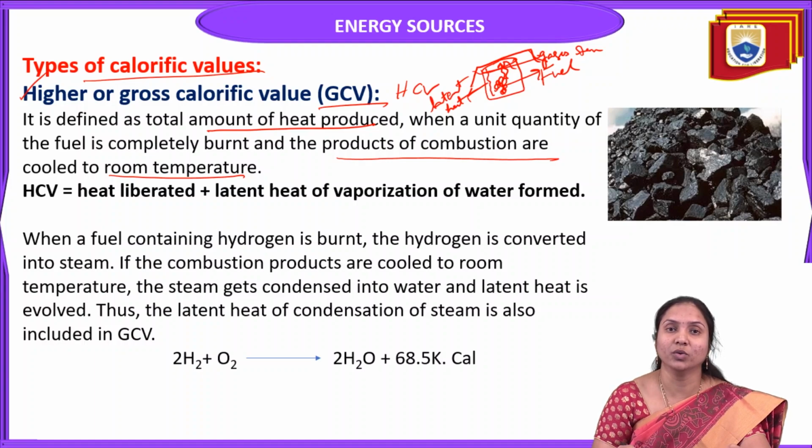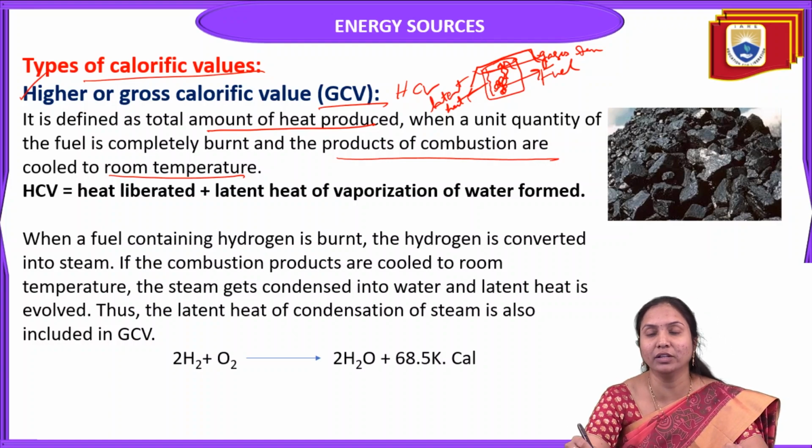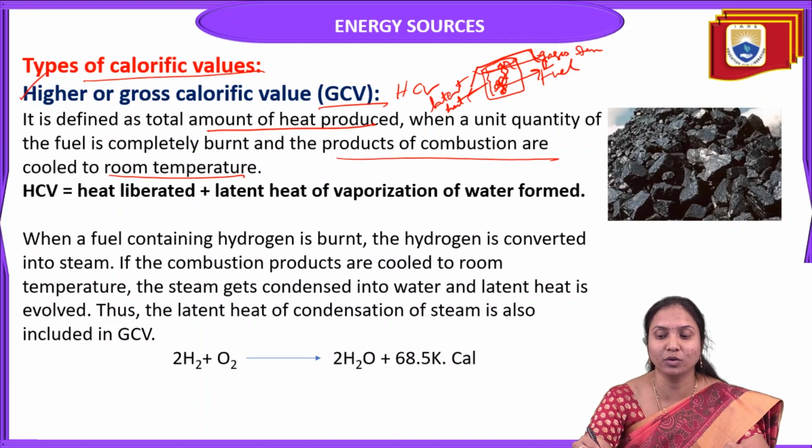So what is the meaning of gross calorific value? It is defined as the total amount of heat liberated when a unit mass of fuel is burned. For example, 1 gram of fuel is burned in a closed combustion chamber. During heating it produces vapors.